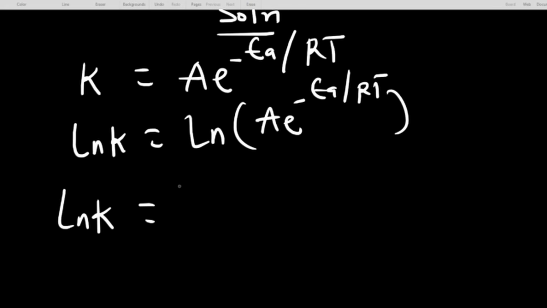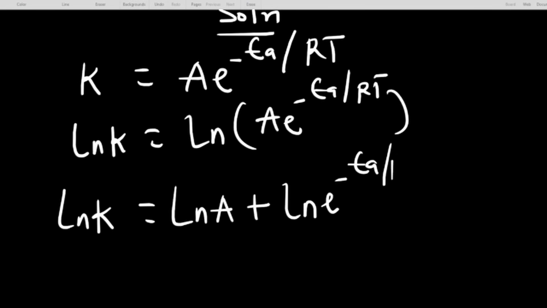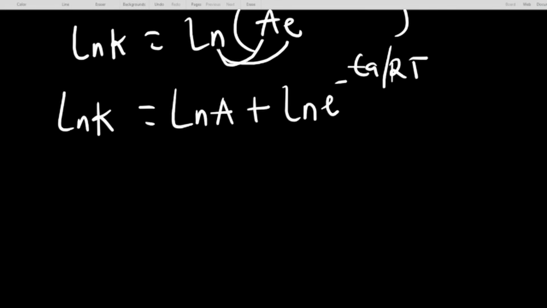So we apply the same principle here, and this now becomes ln A plus ln e raised to the power of negative Ea over RT. We simply applied the multiplication law of logarithms here. So when A also multiplies the e, we assign the natural logarithm to both of them and add them.